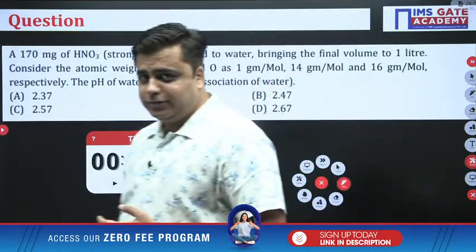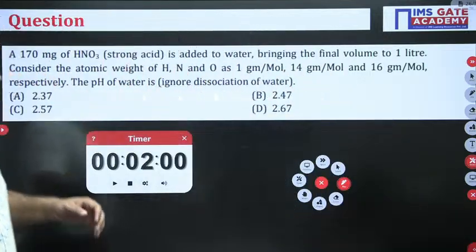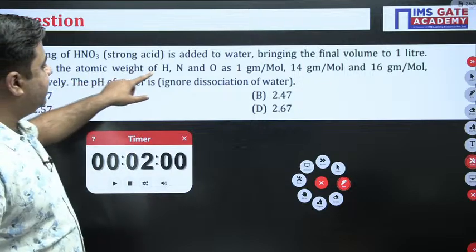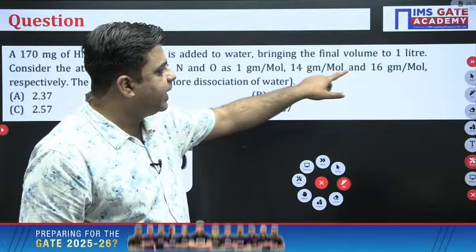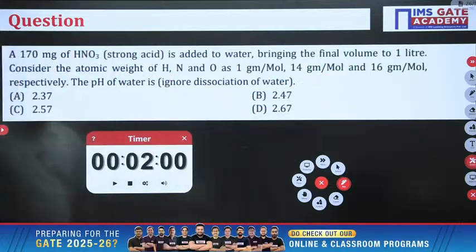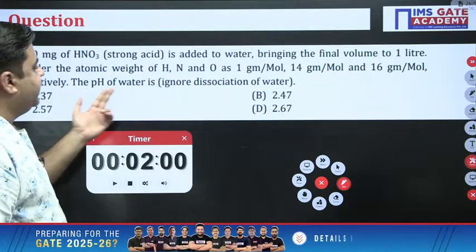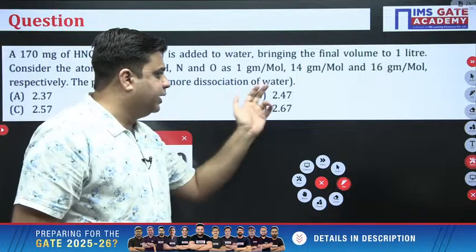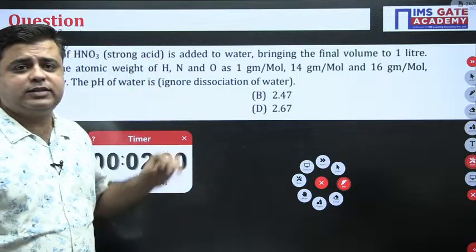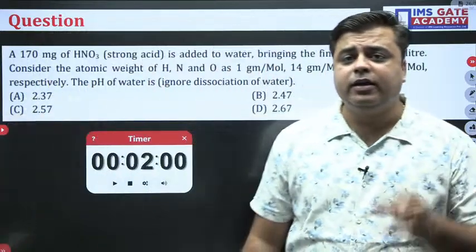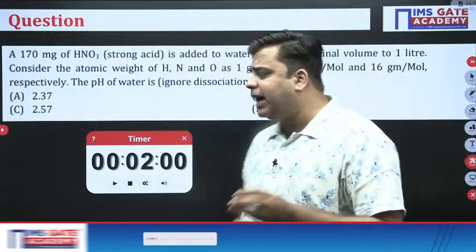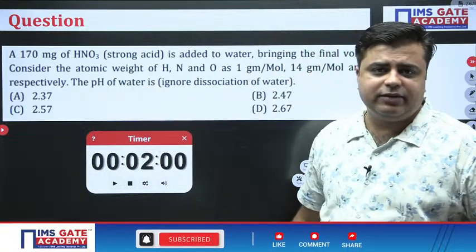Consider the atomic weight of hydrogen, nitrogen, oxygen as 1 gram per mole, 14 gram per mole and 16 gram per mole respectively. The pH of water is, ignoring dissociation of water. Just see how a simple question is made complicated by simply adding these values and this language.